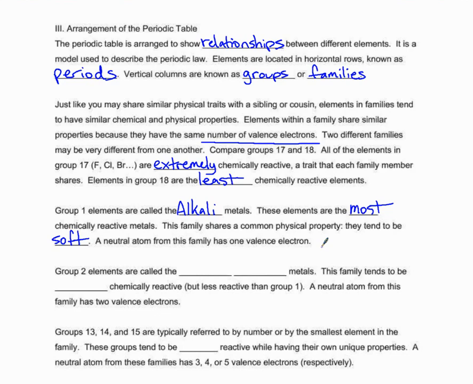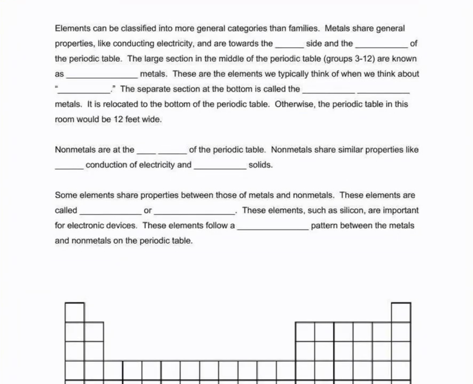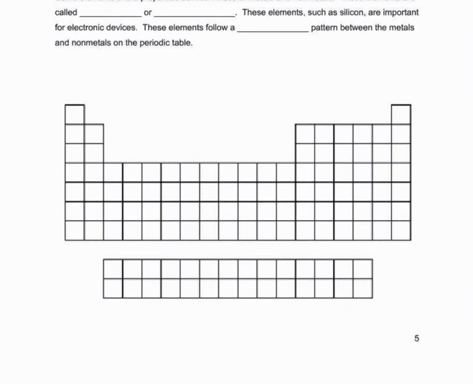So before we go any further, let's flip to page 5, the last page. There's an empty periodic table here, and we are going to label all of the different groups. So the alkali metals are in group 1. They are all of this right here.